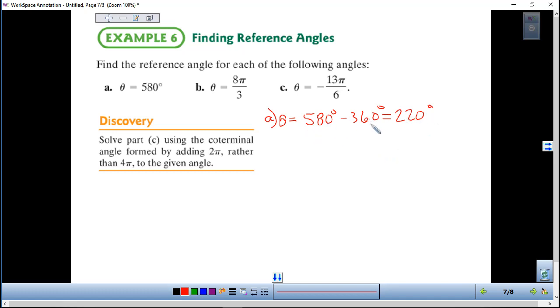Six away from the 8 gives me 2, 3 from the 5 gives me 2, so 220 degrees. And then I can use that with my rules for quadrants 2, 3, and 4 to find theta prime. Well, where is that? It's larger than 180, less than 270, so it's in quadrant 3. For quadrant 3, we're going to take the angle theta and subtract 180. So we get a theta prime of 40 degrees.